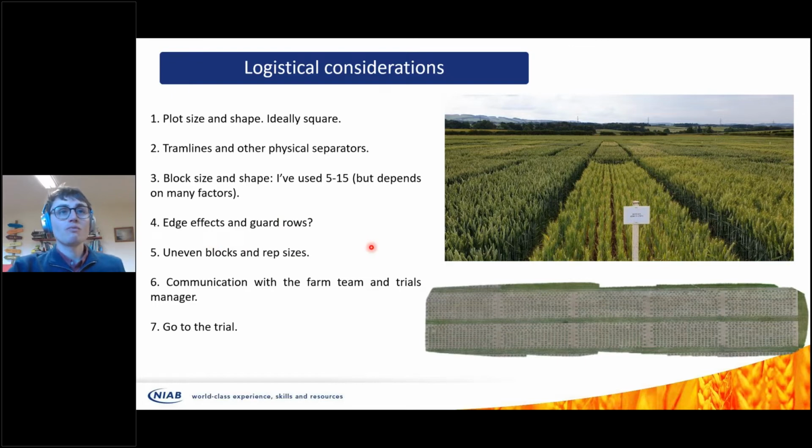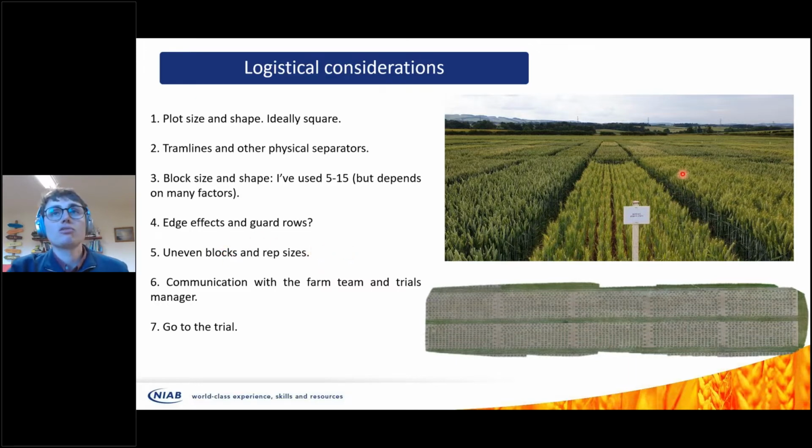Edge effects. One really common mistake that we've heard quite regularly, and that I've made before, is that people assume, for instance in the glasshouse, there's going to be no gradient because everything's fairly controlled. There always is a really large gradient, and we found it's better to have a row of plants around the edge of the glasshouse bench to remove that edge effect.